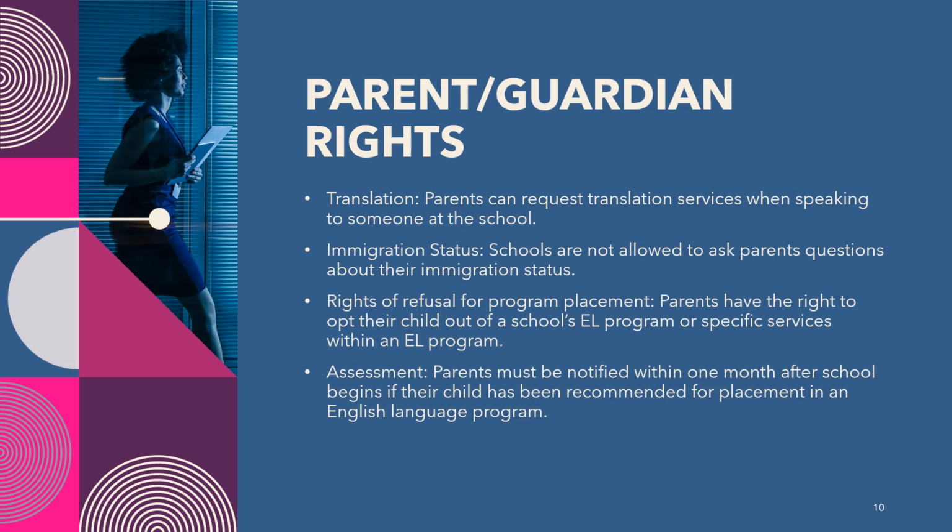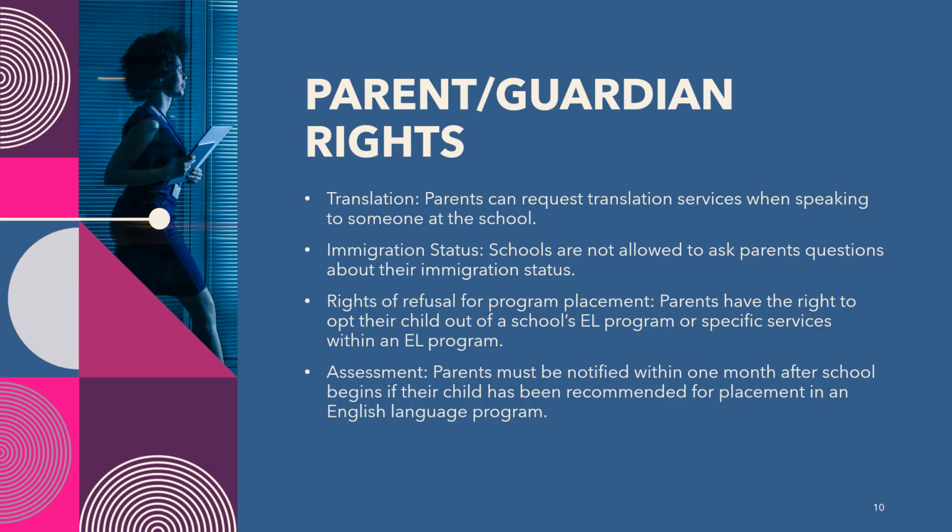They can request a translator from the school, or if they have somebody that they would like to interpret for them, they can do that as well. In regards to immigration status, schools are not allowed to ask our parents questions about their immigration status. That is not something that should be happening at the school level.